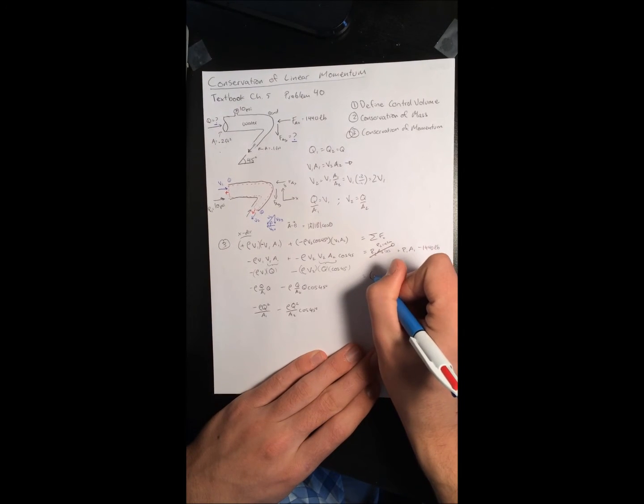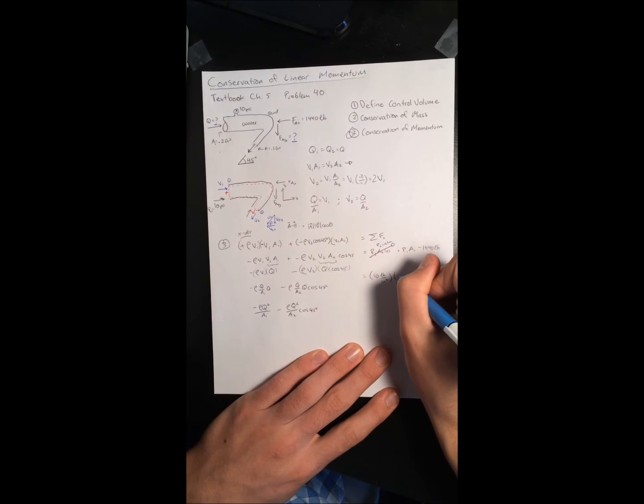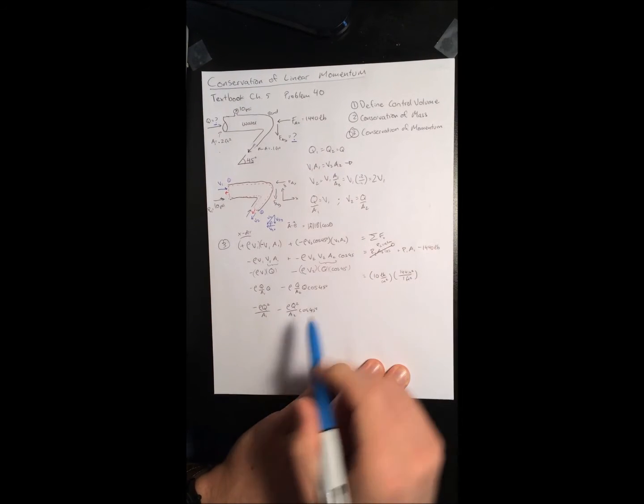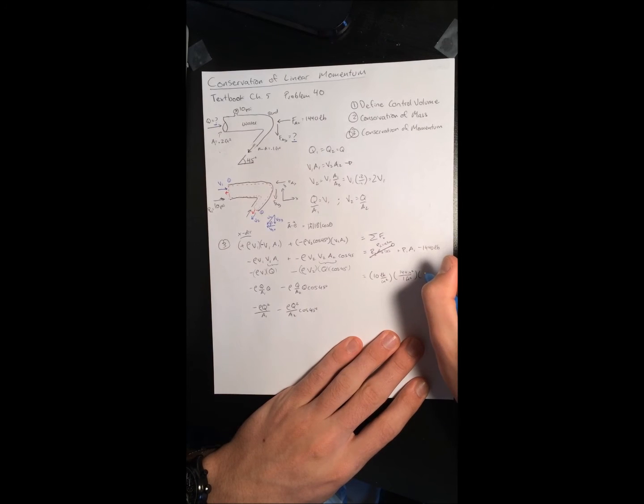P1A1 is the pressure, which is 10 pounds per square inch, and I need to make that pounds per square foot because all of my other units are in feet. And then I multiply it by the area, which is also in feet. That's the biggest reason.